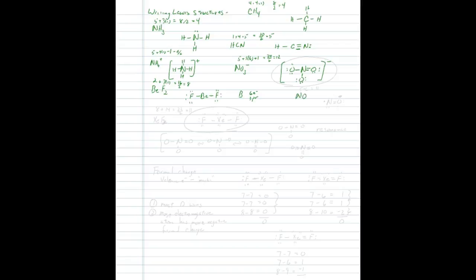NO is an exception because 5 plus 6 is 11. You don't have an even number, so you can't really do that. So you're just going to match them up as much as you can.